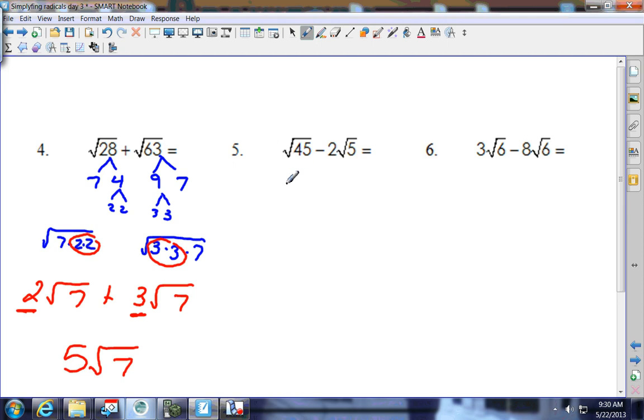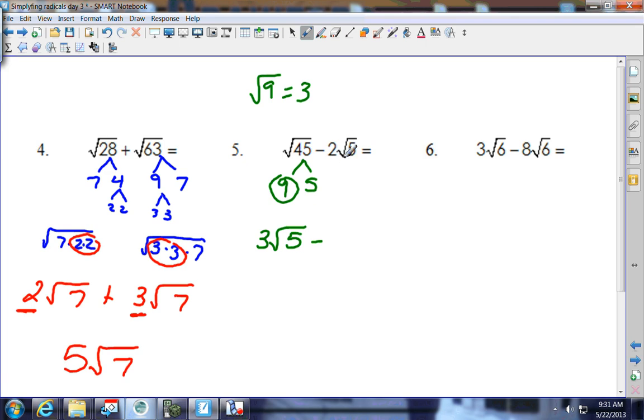On number 5, we're going to reduce and split up 45. That becomes 9 times 5. Now from here, if you already see perfect squares, 9 is a perfect square. What is the square root of 9? It's 3. So I know this becomes 3 square root of 5. If you start seeing your perfect squares, you can do it this way.